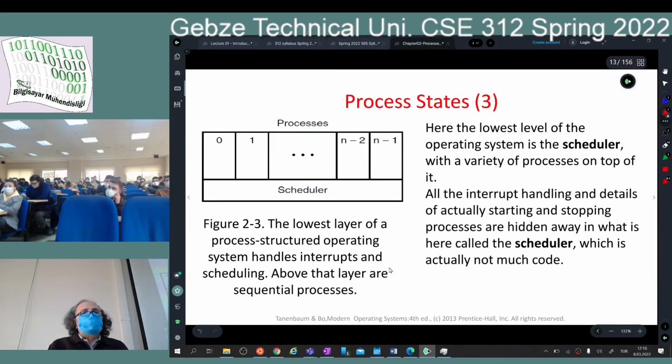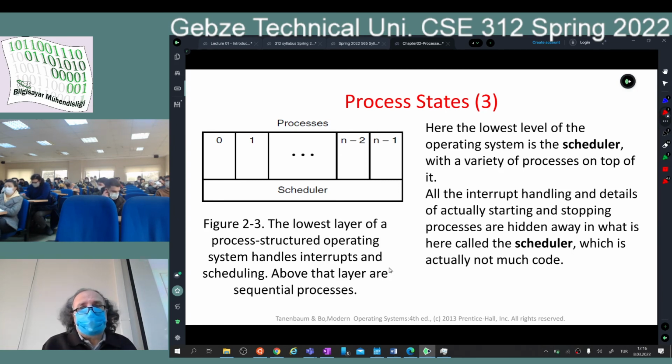Good. So let's look at this scheduler thing again. The scheduler is part of the operating system. Okay, it is responsible for making a decision on who is going to use the CPU next. Okay, at the lowest level of the operating system. That means what?